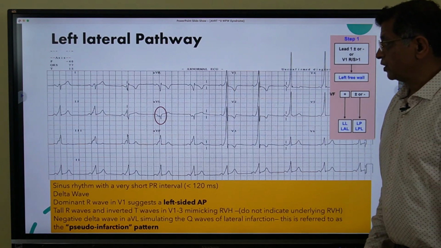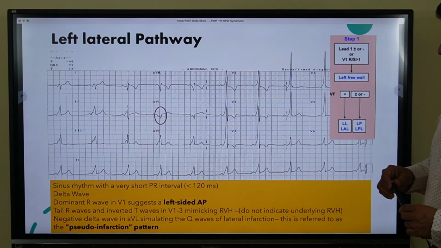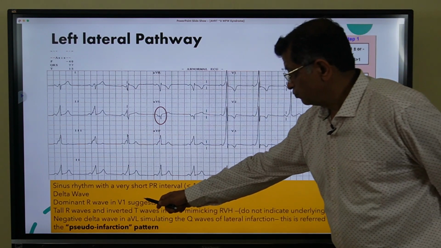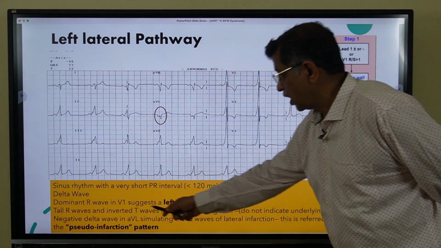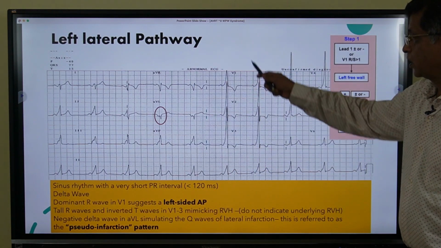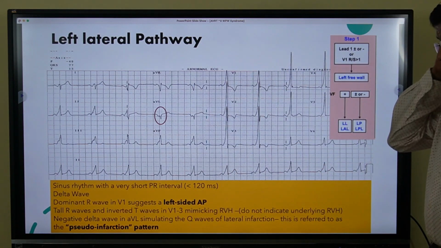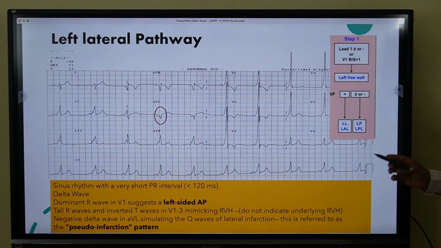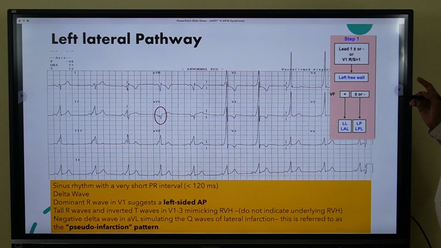Now for the left lateral pathway, we saw this ECG earlier in this lecture. Sinus rhythm with short PR interval, dominant R in V1, so this is a left-sided pathway. And the pseudo-infarction pattern we have already discussed. If we use Arruda's algorithm, lead V1 negative or positive?